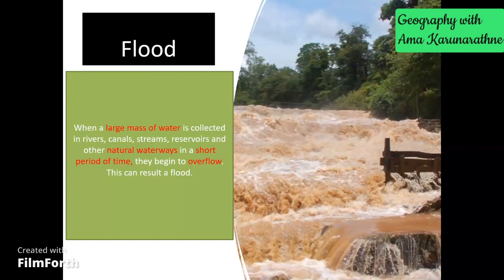So here, see here, I have colored in red some of the key terms in this definition. A large mass of water. When a large mass of water is collected in any type of water resource, that could be rivers, canals, streams, reservoirs, and other natural waterways in a very short period of time, then of course they begin to overflow.